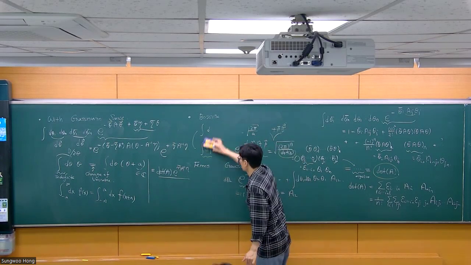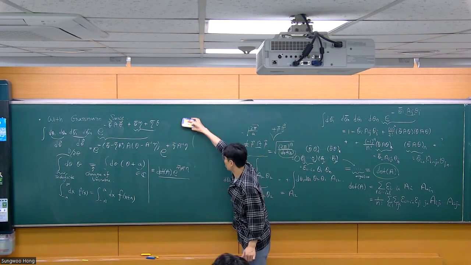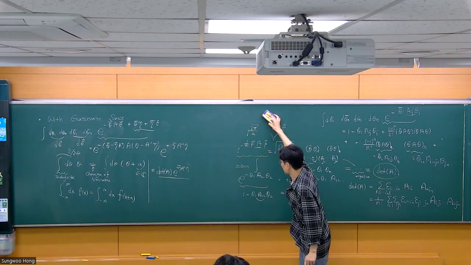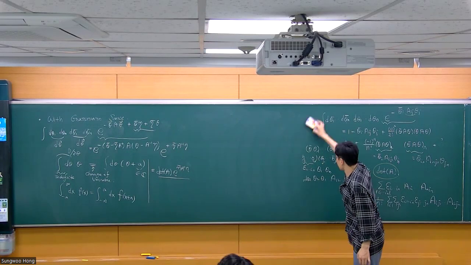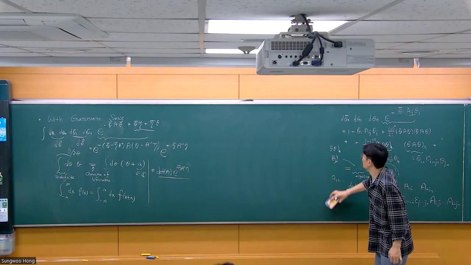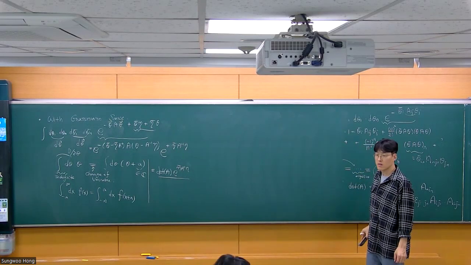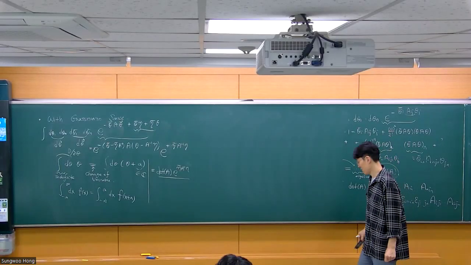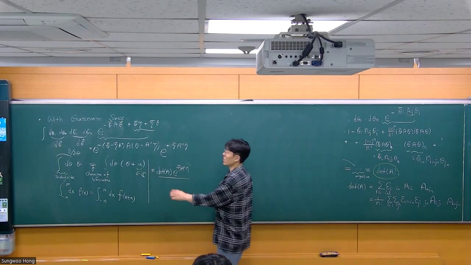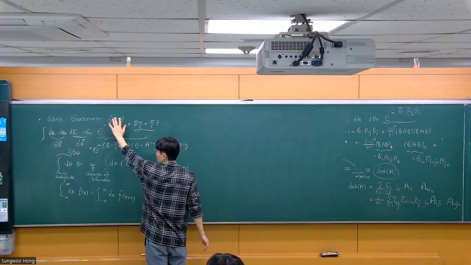Now let's actually write down the path integral for a Dirac fermion. The vector is not Grassmann here. It is Grassmann. Because everything appearing here should be commuting numbers.